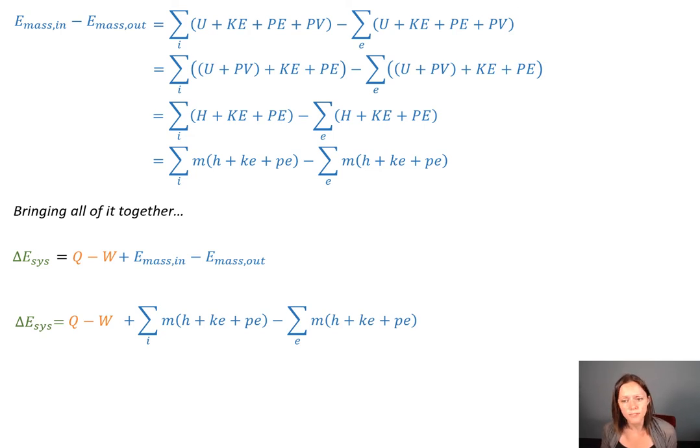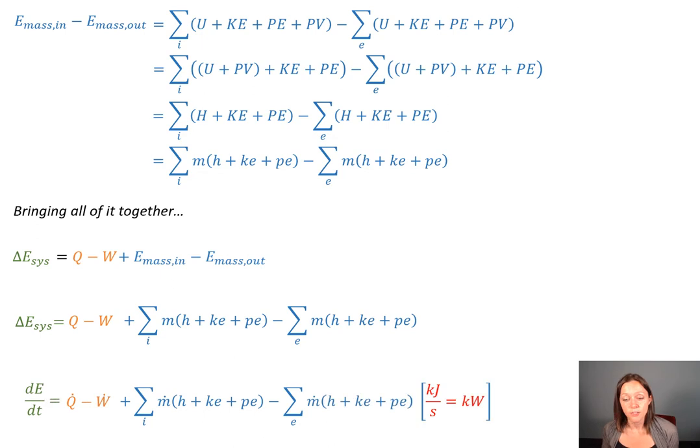And with an open system, you're often concerned with the rate at which things are being done. So if I divide through by delta T, I could put things in terms of the heat transfer rate, Q dot, the work rate or the power, which is W dot, and then instead of having a mass there, I've got the mass flow rate. And that's a lot more useful to me when I'm talking about open systems.